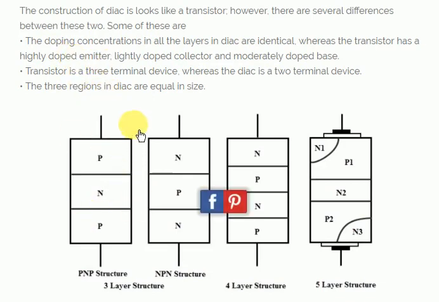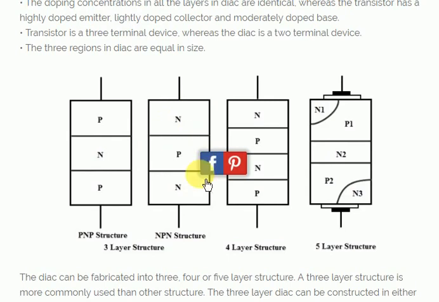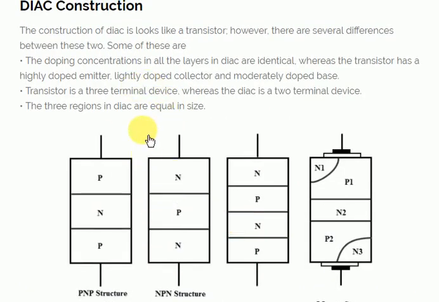That means this is a transistor, and this is a four-layer device, which is like an SCR but with no gate terminal, and all are diacs but with different doping constructions.